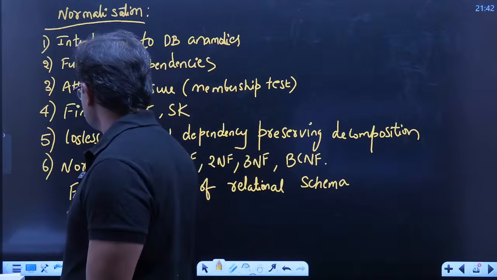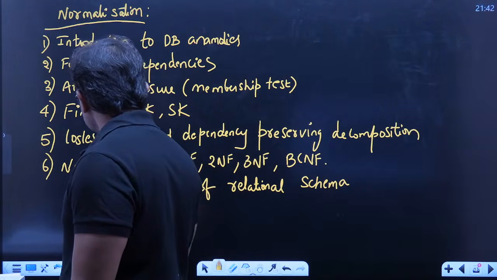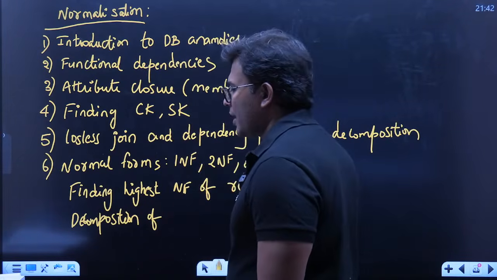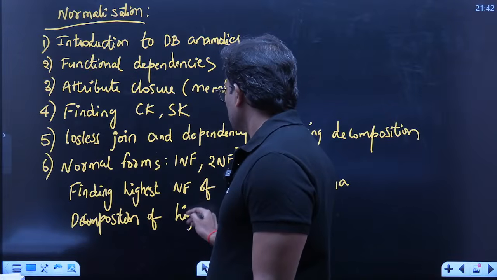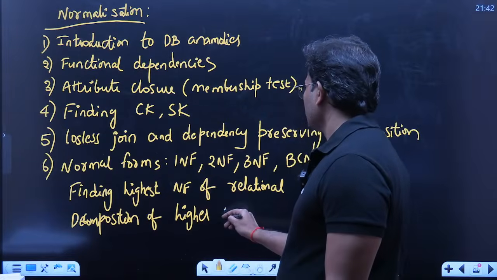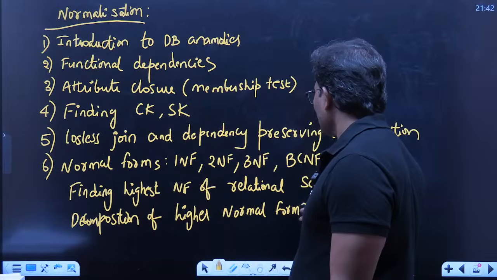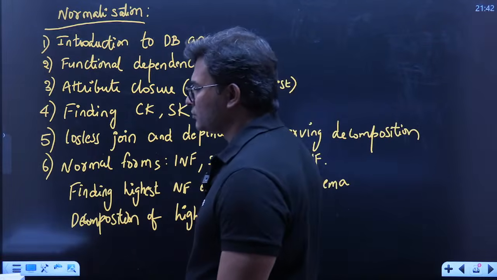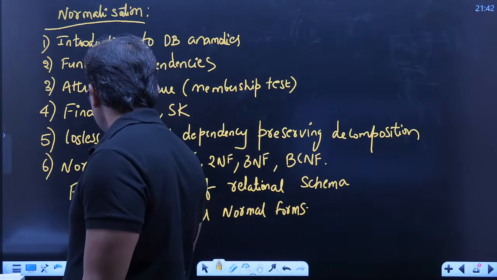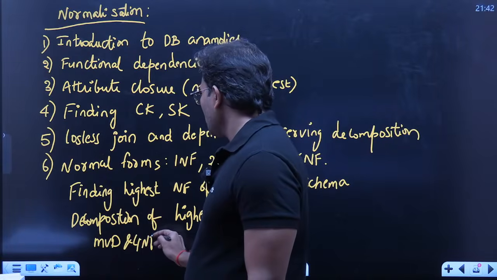And also decomposition of higher normal forms, right? And then there are multi-valued dependencies and fourth normal form. We don't go till here.